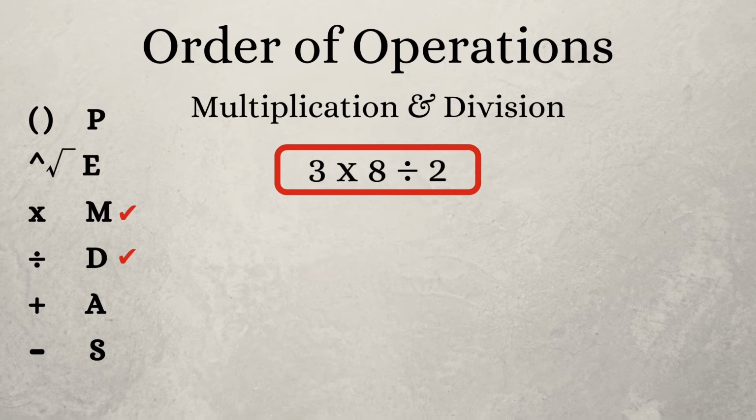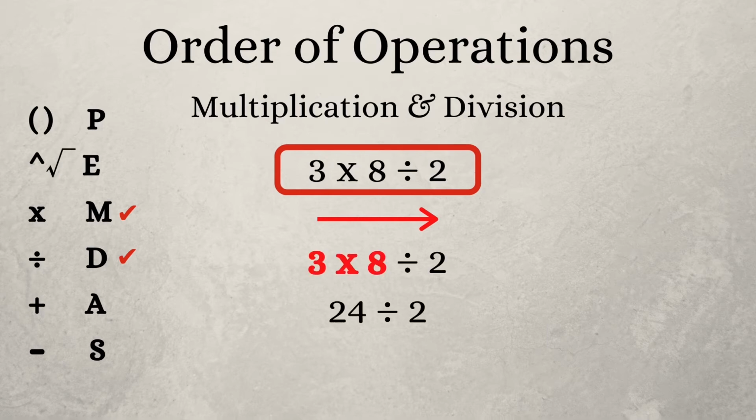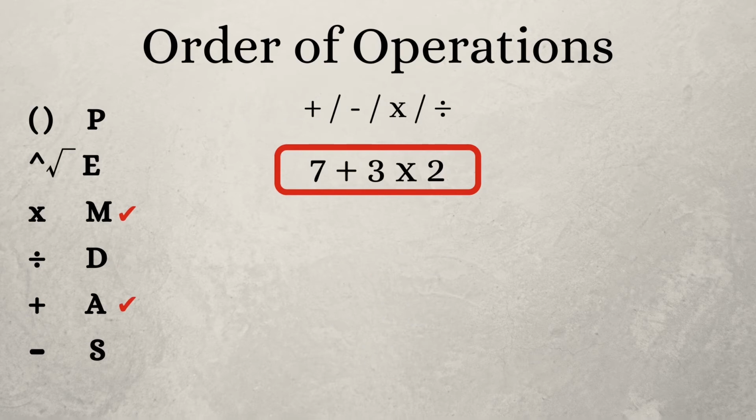A similar example, 3 into 8 divided by 2. Here again, we move from left to right. So we compute 3 into 8 first, which is 24, and then divided by 2 to give us the answer 12. Next, let us consider addition and multiplication.